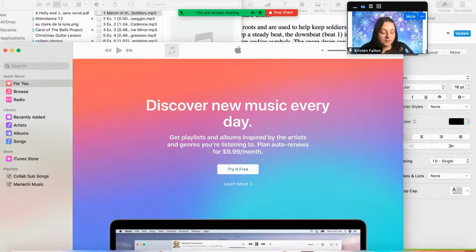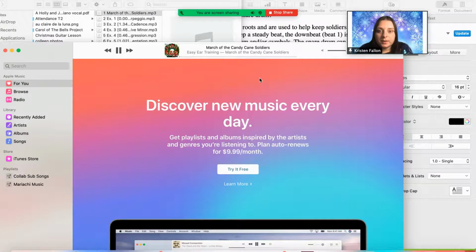Was anybody able to hear where that drum cadence, that bump, bump, bump, came through? Okay, well, I will back it up to those two places that I marked, so maybe you guys can hear it.